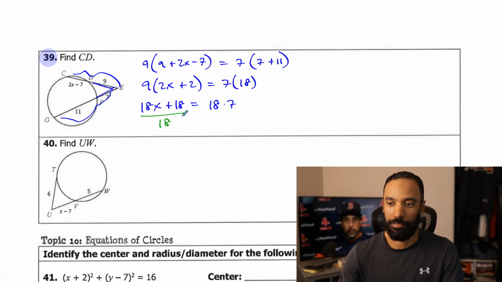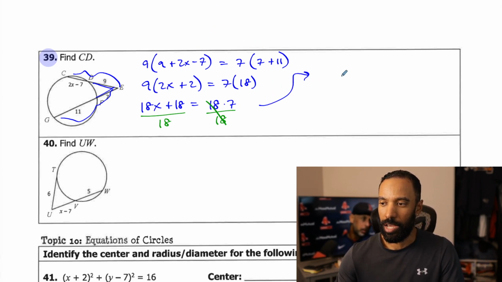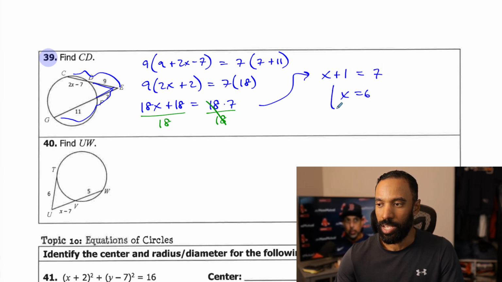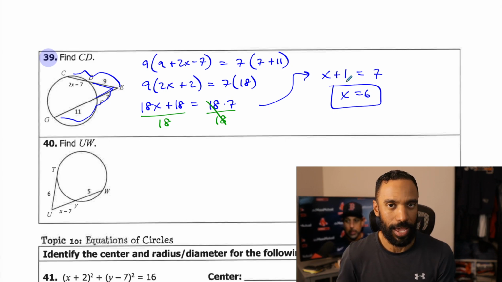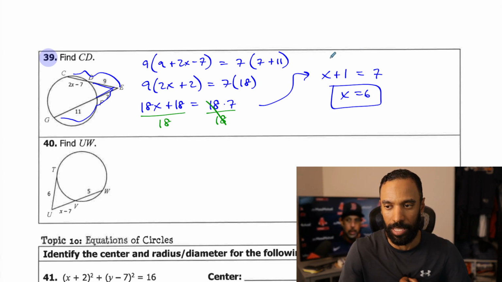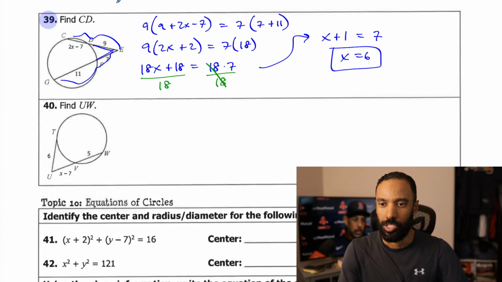Like now instead of later. These go away and these become 1s. Okay, 18 is a common factor. So this becomes x plus 1 equals 7, so x equals 6. That's one of those things where algebraically you can go how you want, whip out the calculator and such, but if you recognize something that you think is going to help clean it up, go for it. I did. So x equals 6.